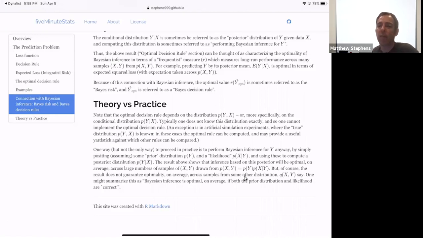That's, if you like, the only way we can really think about this. Any given predictor could do well by chance on one go. What we really want is something that's going to do well on average in the long run.